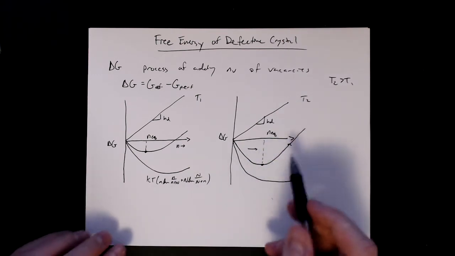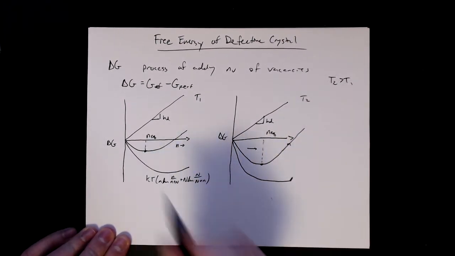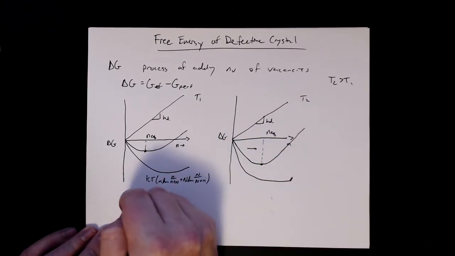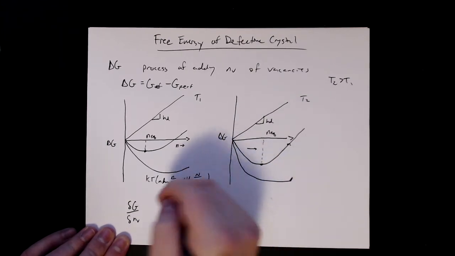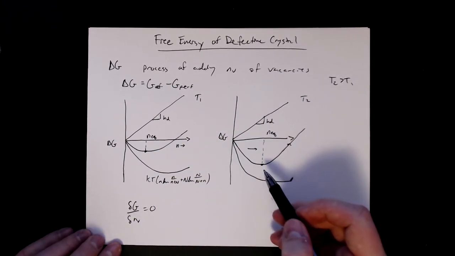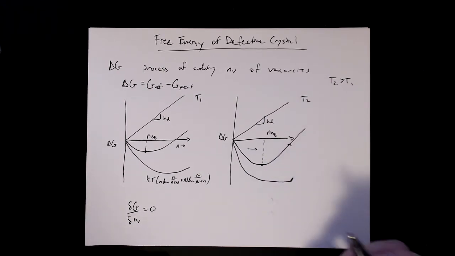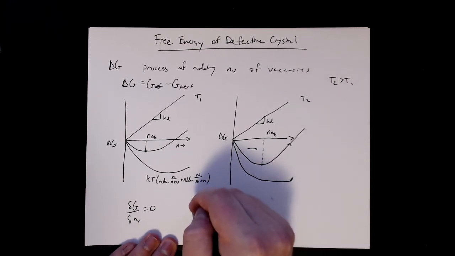And so mathematically, what we're solving for is the change in Gibbs free energy with the change in number of vacancies, where that's 0, right? That's the minimum that we see here. And we can write that out for the equilibrium number.